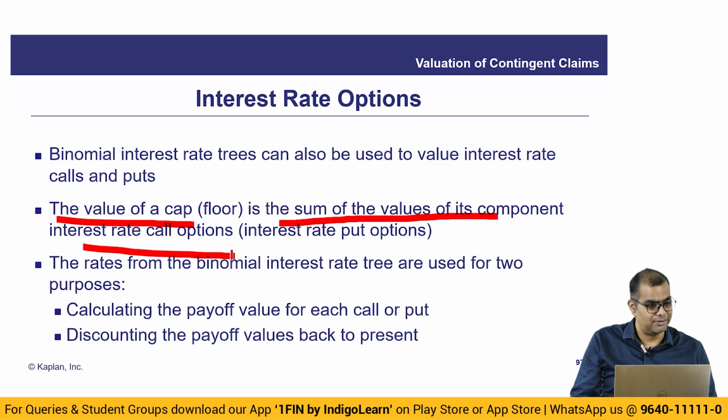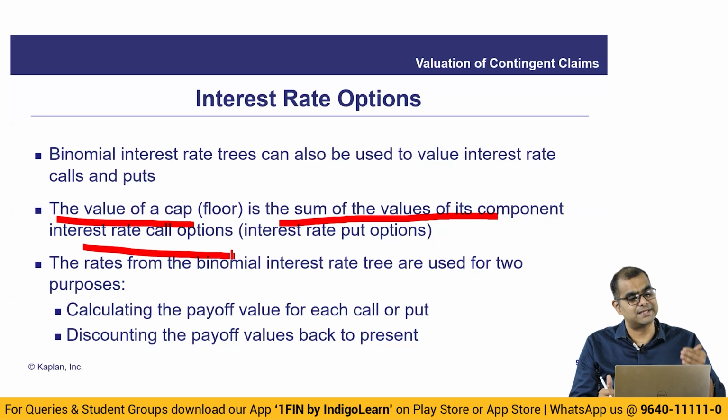Why a bunch? Why not one only? Because an interest rate option is only for one transaction. A call is only for one transaction, no? A call is not for 10 transactions. You need 10 calls added together to make a cap. Same way, a bunch of interest rate puts make something called a floor.